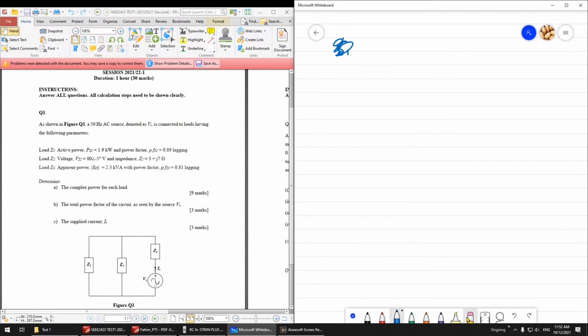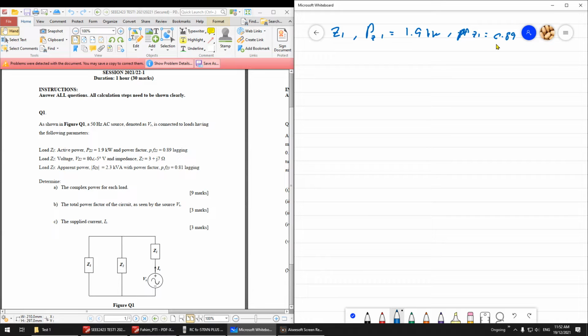Maybe I just list down the components first, so it is easier for you to check. For Z1, PZ1 is equal to 1.9 kilowatt, and PF Z1 is equal to 0.89.